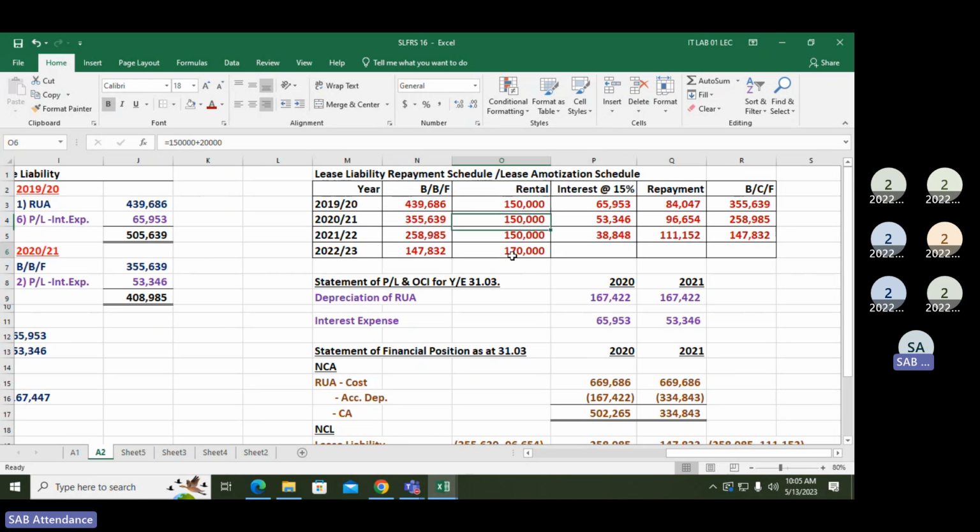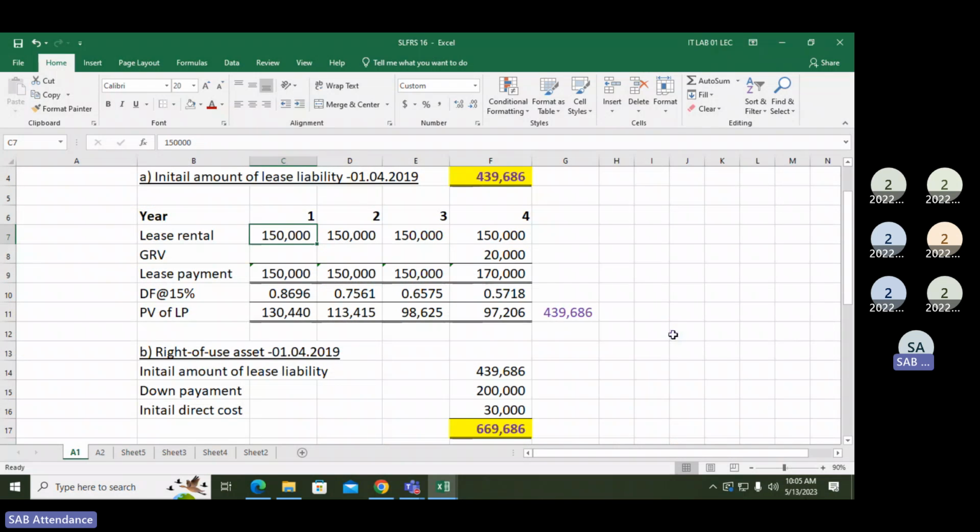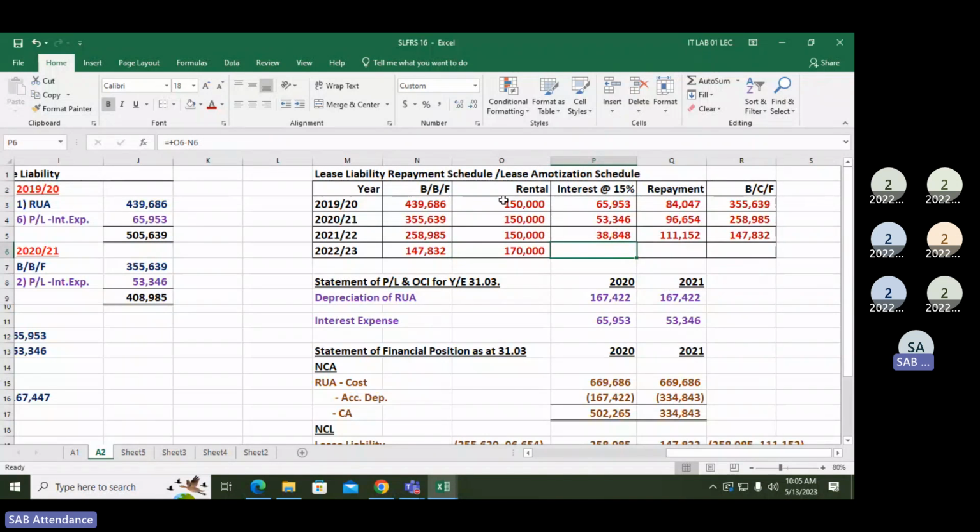Now rental here, the lease rental is 150 plus 20,000 guaranteed residual value. Last year we are paying 170, right? Remember here 170 total lease payment. Interest, this opening balance into 15%.